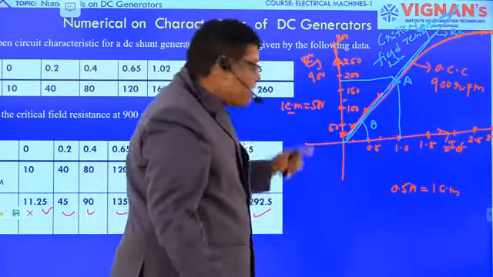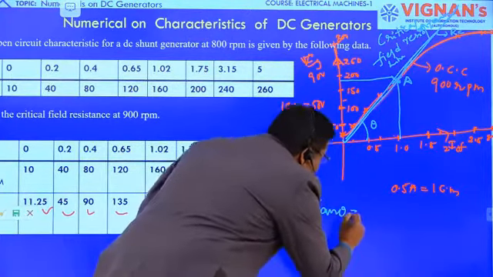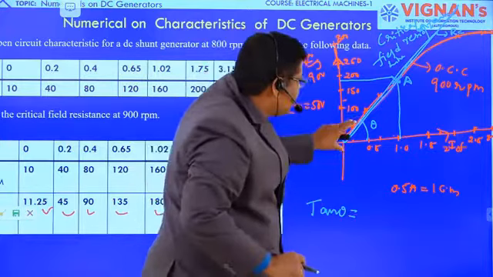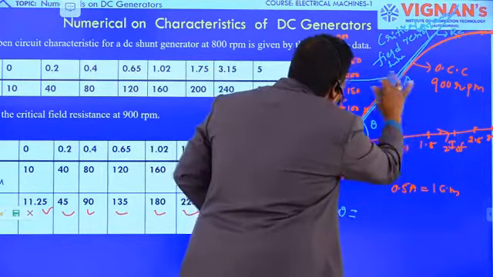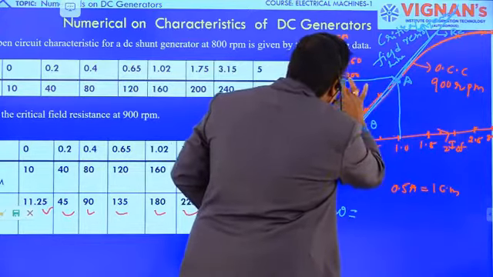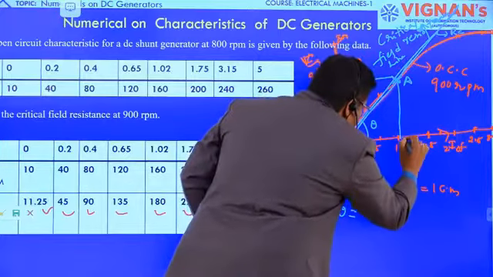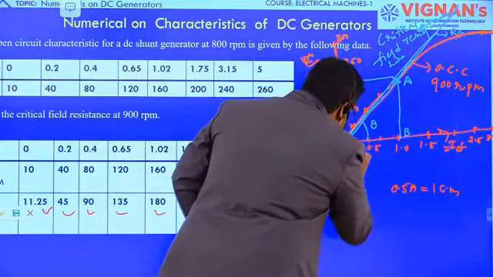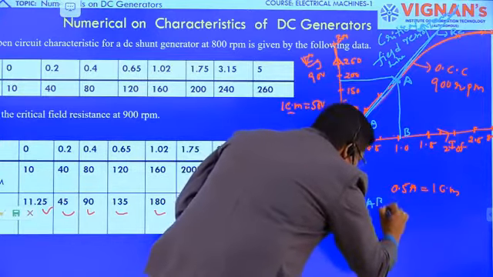In this triangle, tan theta equals this length over this length. Taking B and O, tan theta equals AB by OB.